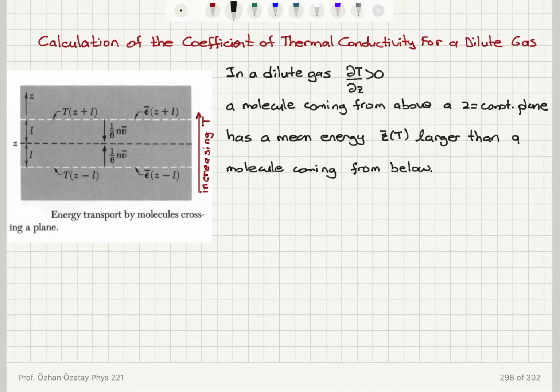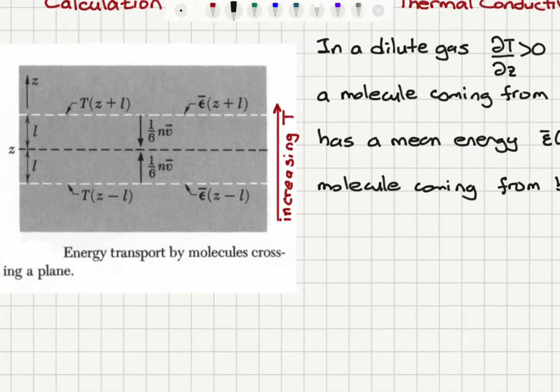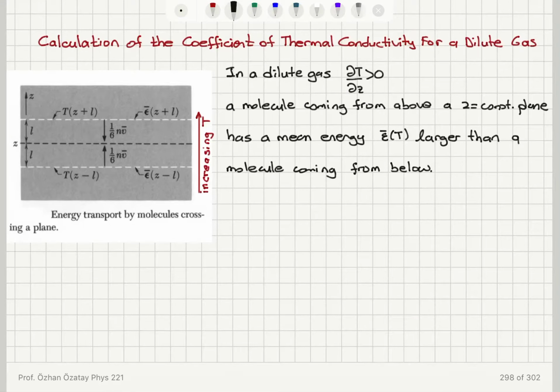Now, how many molecules will transport energy from above the z is equal to constant plane, and how many from below? Once again, neglecting the velocity distribution, we can basically see that on average 1/6 of the molecules, so n times v bar, so this 1/6 factor once again comes from the independent degrees of freedom x, y, z, and now we're moving in a certain direction on the z-axis, so z minus or plus z, so 1/3 times 1/2, we get 1/6.